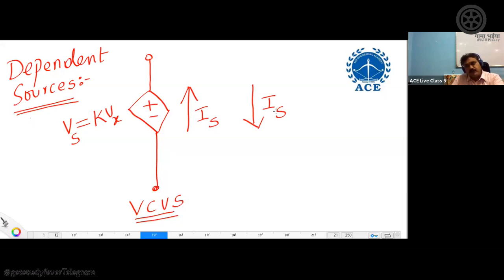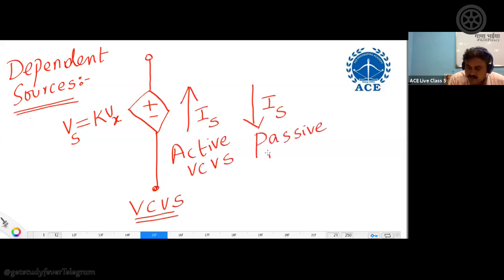When the current is flowing from negative to positive, that means what is the meaning? Is it active or passive? It is active. So we can confirm now as this is active voltage controlled voltage source. If the current is flowing from positive to negative, then it is a passive. So we can confirm that this is a passive voltage controlled voltage source. That's all.